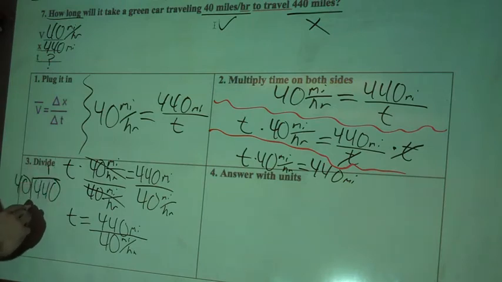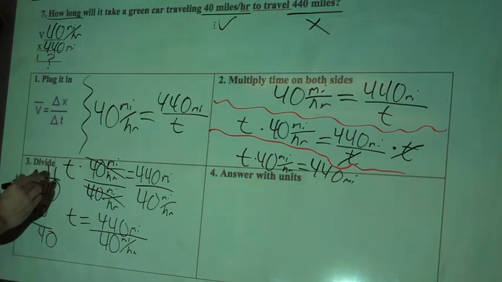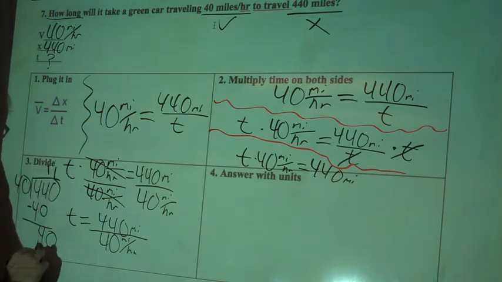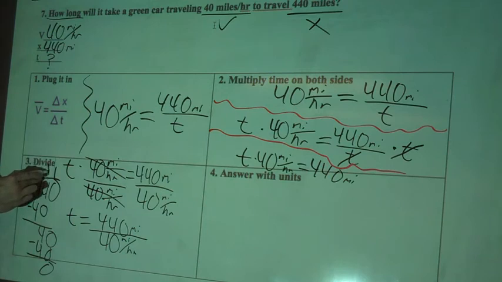So 1 times 40 is going to give me 40. Subtract, I'll have 4 there and a 0 there. 40 goes into 40 one time. 1 times 40 is 40 again. I'll get 0. So we've got 11 as our answer to 440 divided by 40.